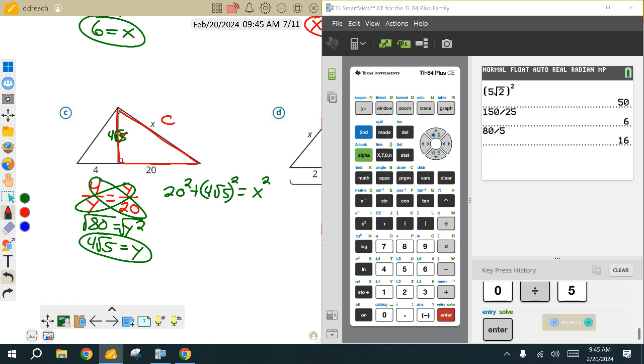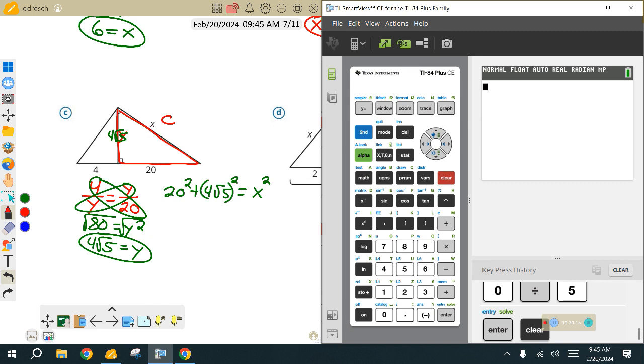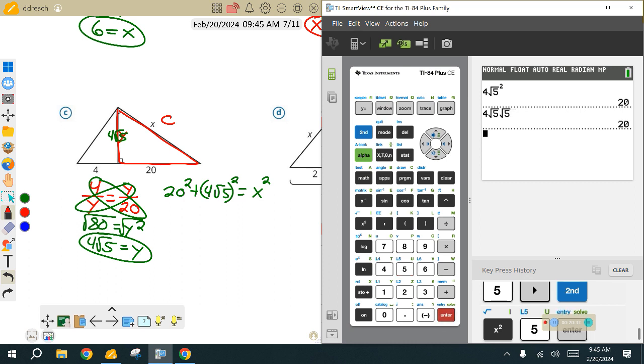And again, when you don't put those parentheses, I know I've done this multiple times, your calculator is only squaring the 5.